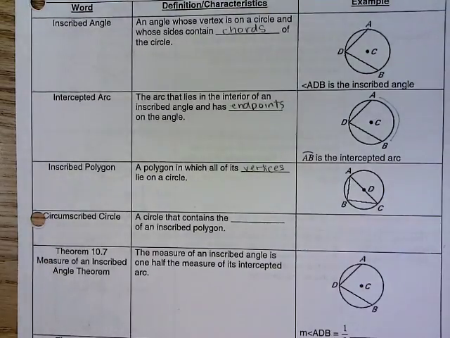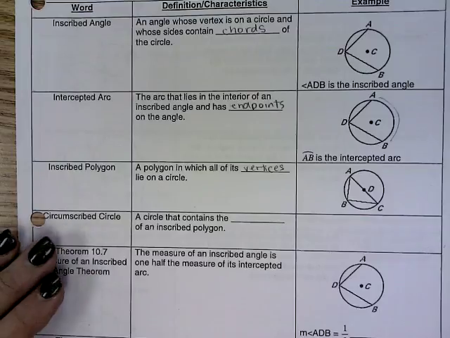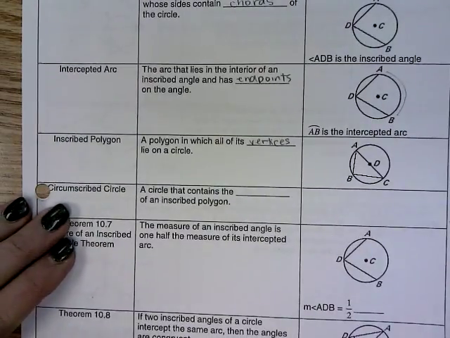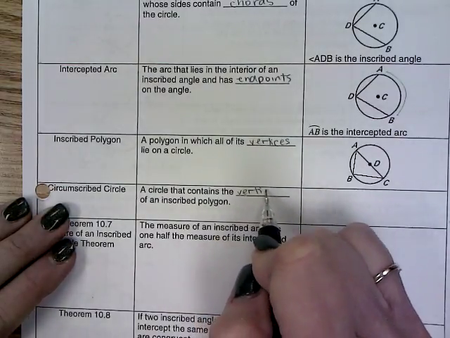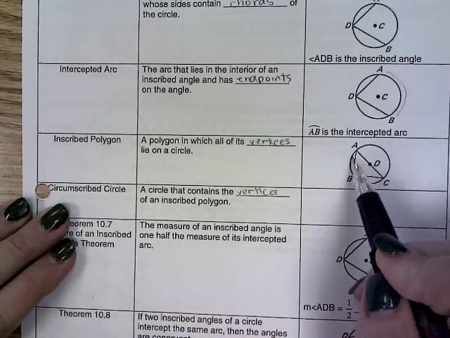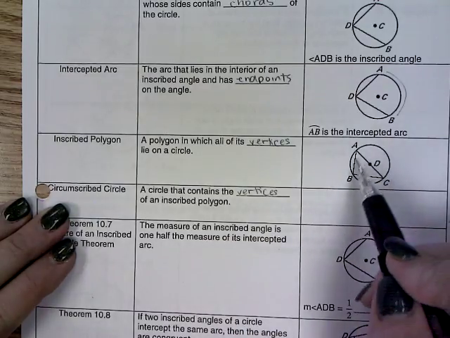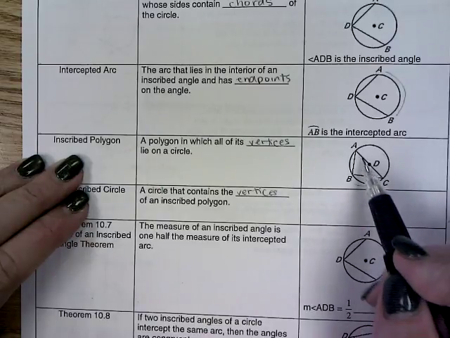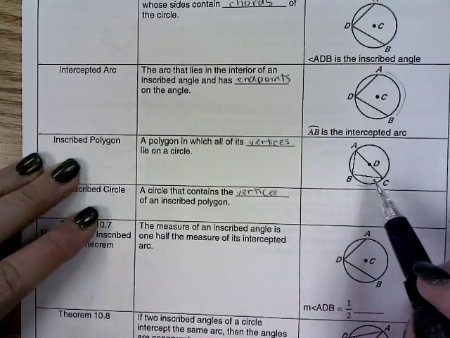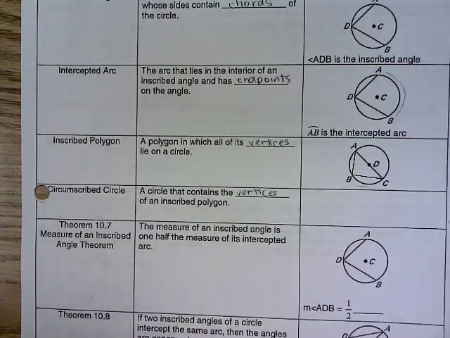We can't have a point in the middle of space. A circumscribed circle is just a circle that contains the vertices of the inscribed polygon. So basically, this right here is my circumscribed circle, and this right here is my inscribed polygon, because it's inscribed inside the circumscribed circle.